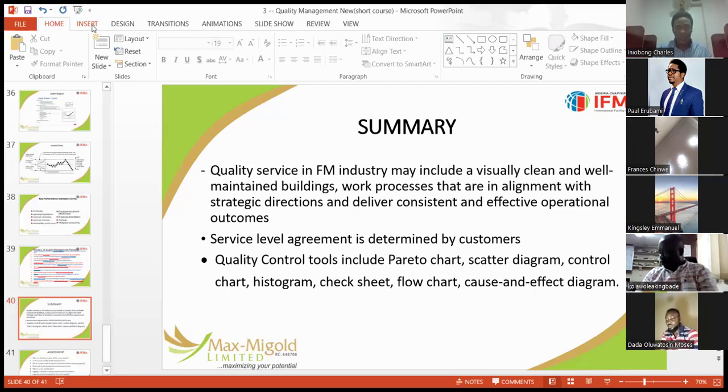Now, some customers might give you a service level agreement that is outrageous. I remember recently when we were trying to sign off a contract with a client, just before we signed, we said, okay, let's just look at the service level agreement. Let's see the SLA. And we saw that the SLAs were so outrageous.